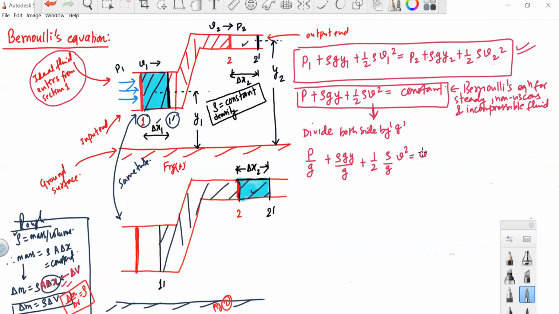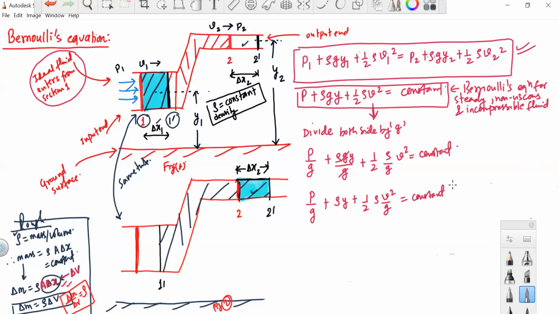This cancels out. So we are left with P by g plus rho y plus half rho V square by g equals constant.